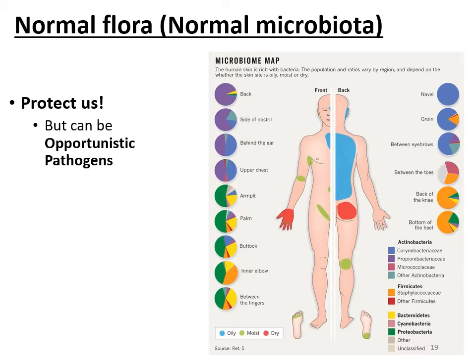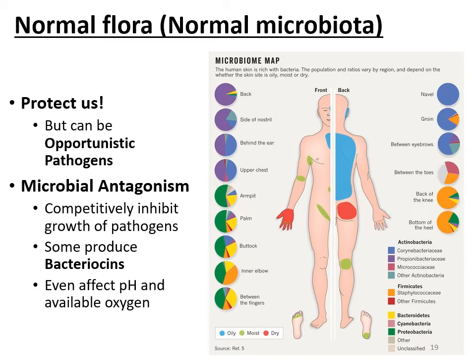Now, let's get back to the fact that they do normally help us and protect us. And the exact way that they do that is through microbial antagonism. Okay, so if you antagonize something, you're going against it, right? So normal flora can go against other microbes. Now, the way that they're protecting us through this antagonism, first of all, they're competitively inhibiting the growth of other pathogens, of other microbes.